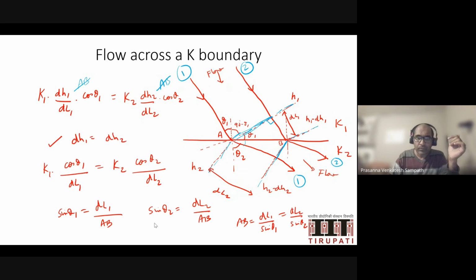Okay, so now what I'm going to do is just a little bit of trigonometry. You don't have to worry about it. Sine theta 1 is DL1 divided by AB and sine theta 2 is DL2 divided by AB. So I rearrange terms a little bit, and I find that DL1 sine theta 2 is equal to DL2 sine theta 1.